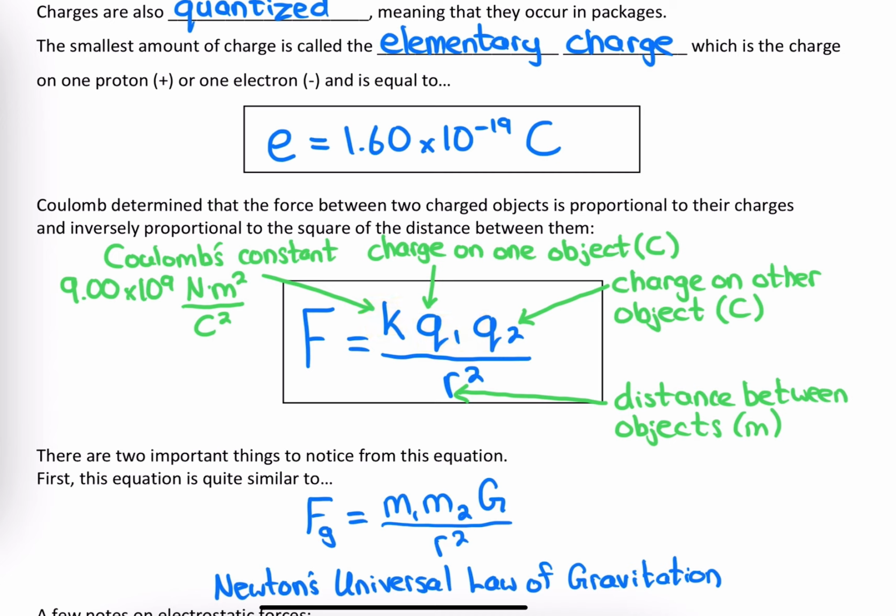Once we consider charges that are moving, the forces get a bit more complicated. So we're starting simple. We're starting with things that have electric charge and are not moving, which means they are electrostatic forces. So electrostatic forces can attract or repel.